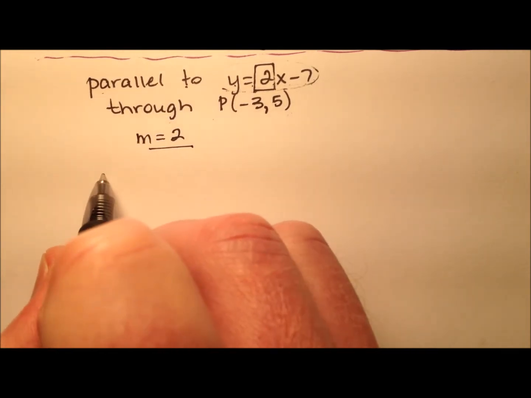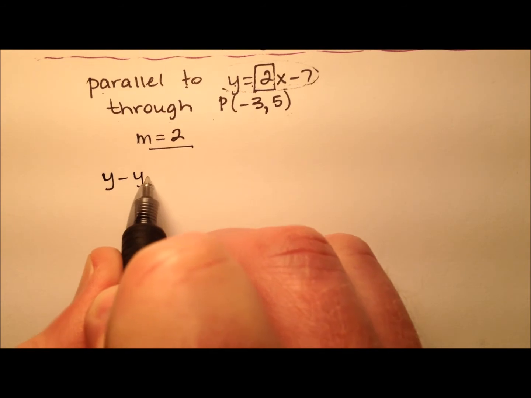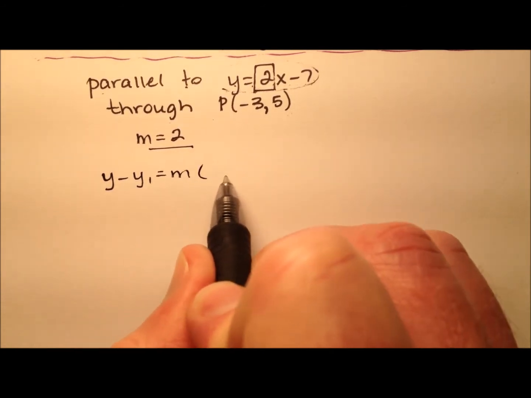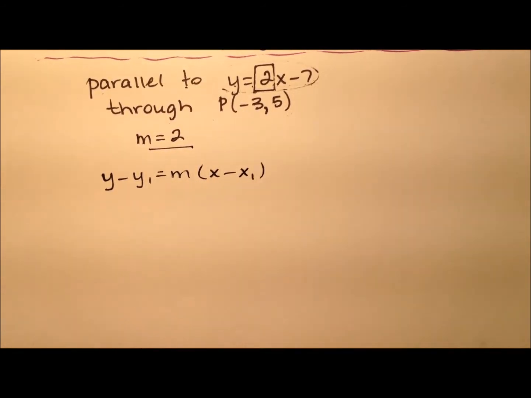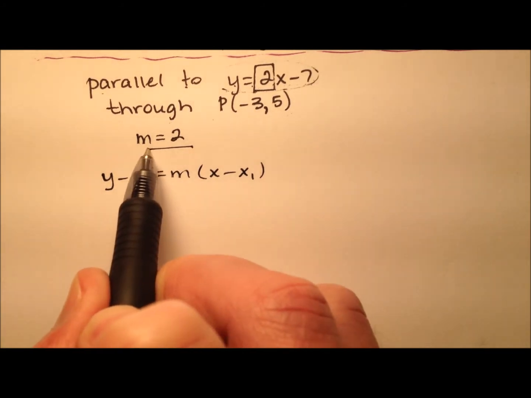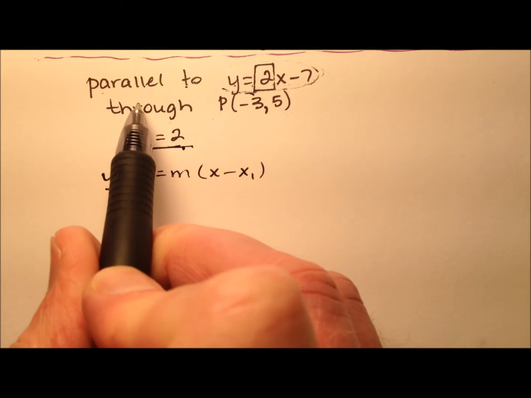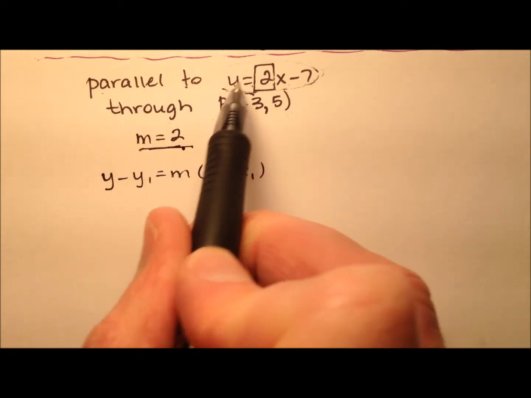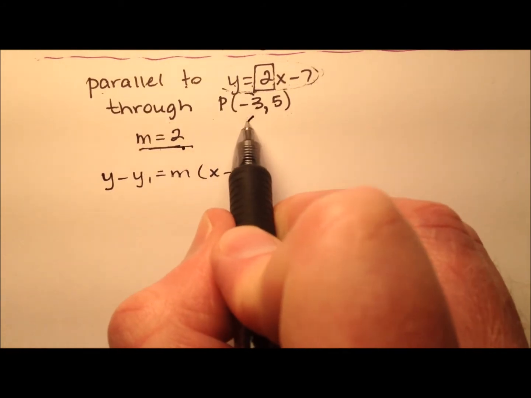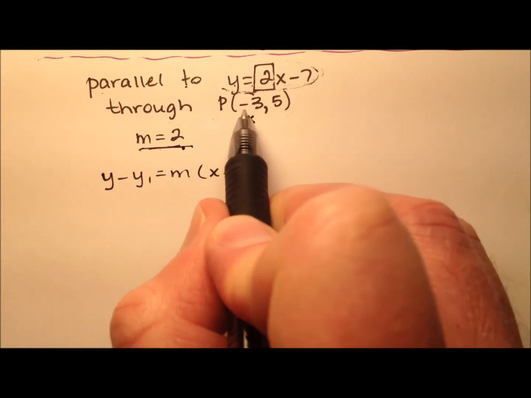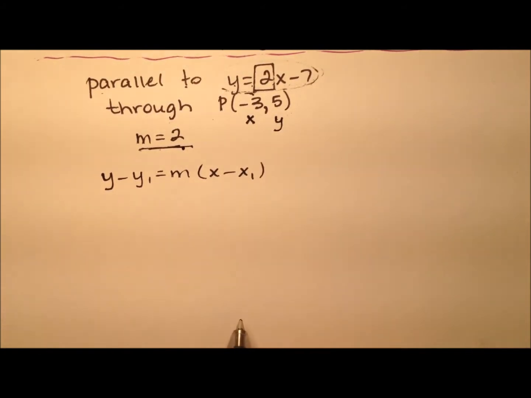Point-slope form is y minus the y-coordinate equals m times the quantity x minus the x-coordinate. We have our slope of 2, and that came from our original equation. Since we want the equation of a parallel line, we'll use the same slope. From our point, we'll use the x-coordinate negative 3 and the y-coordinate 5.